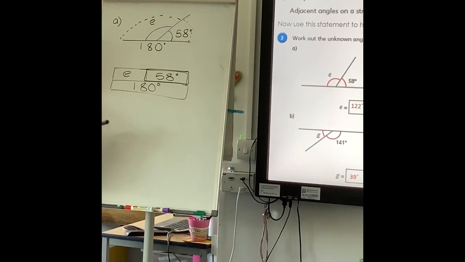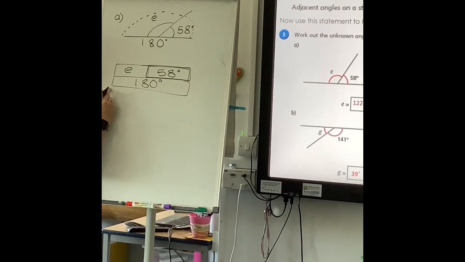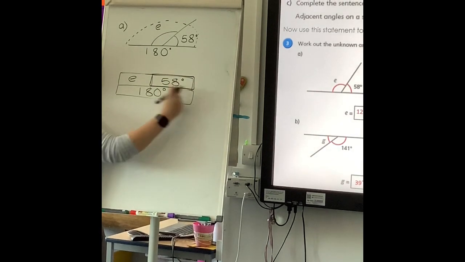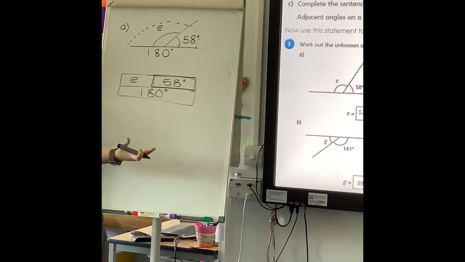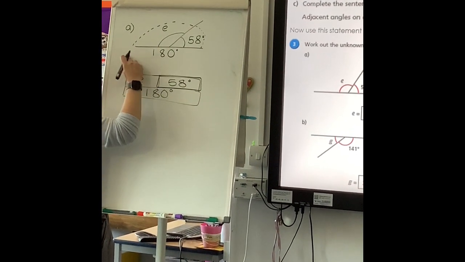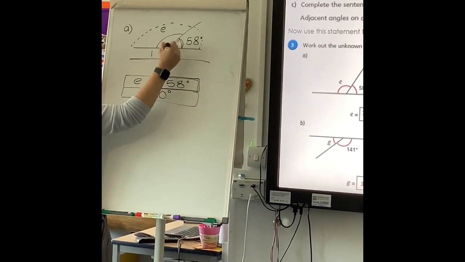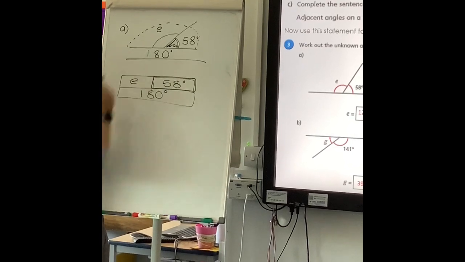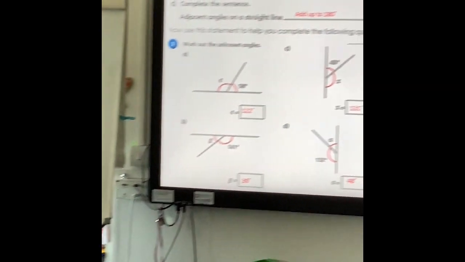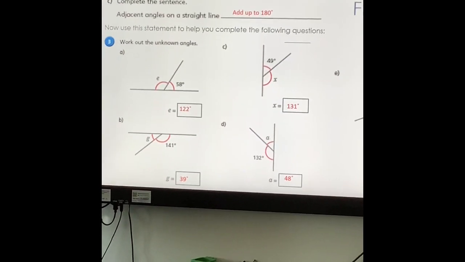Think about with a bar model how you would find that out. You would take away your part from your whole. You just do 180 degrees, your total straight angle, take away the angle you know, which is 58, and it will leave you with the missing angle, which is 122 degrees.